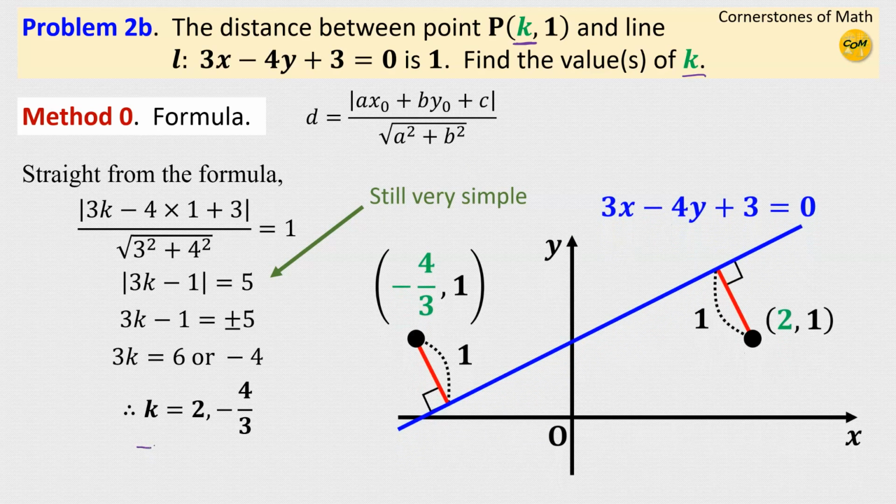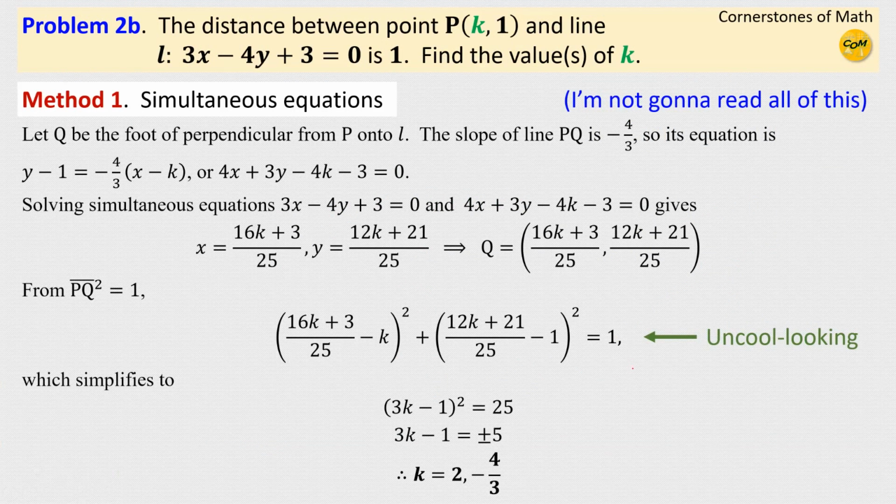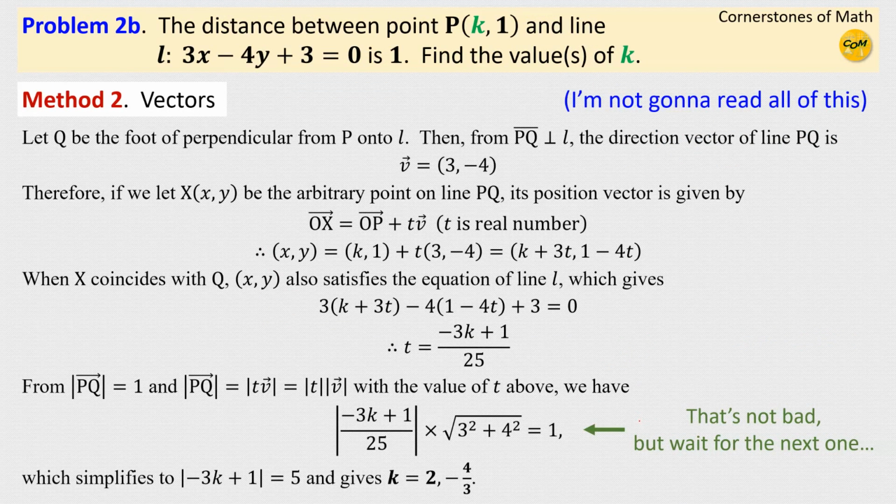Oh, and by the way, we also have two answers here, which is quite obvious if you look at the figure. But again, if you use the simultaneous equations method, then we have this lengthy solution with this much uglier looking equation. And if you use the vector method, well, the equation is still kinda nice, but you must know how to handle vectors in order to use this method.